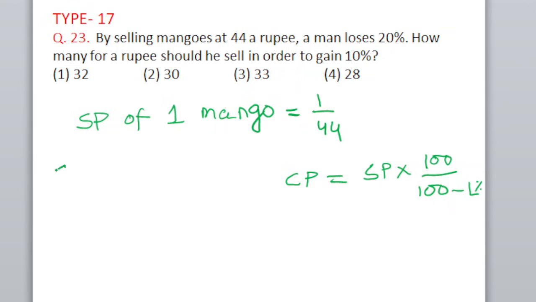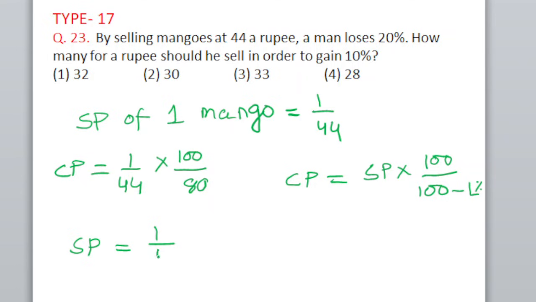Now here CP of 1 mango is equal to, here SP of 1 mango is 1 by 44, into 100 divided by 100 minus loss percent, so that is 100 minus 20, so that is equal to 80. So the CP is 1 by 44 into 100 by 80.